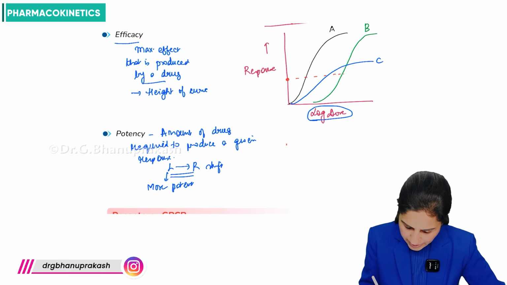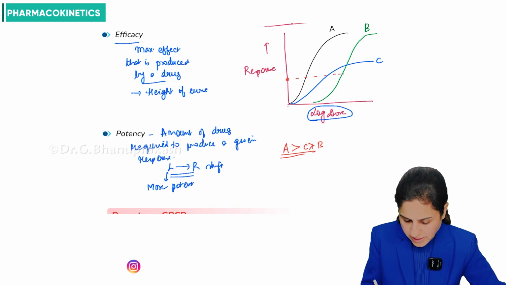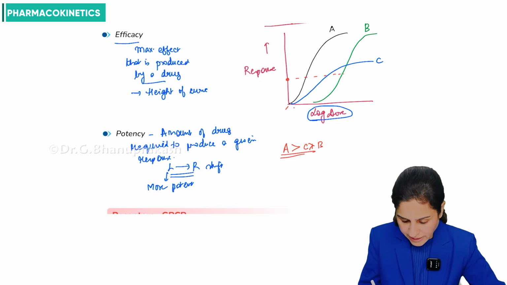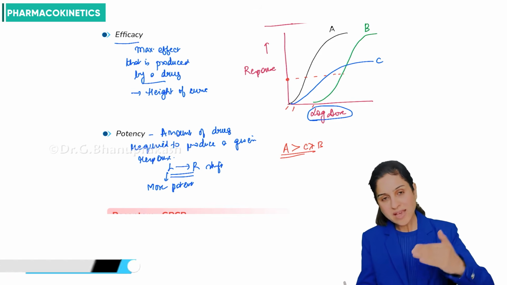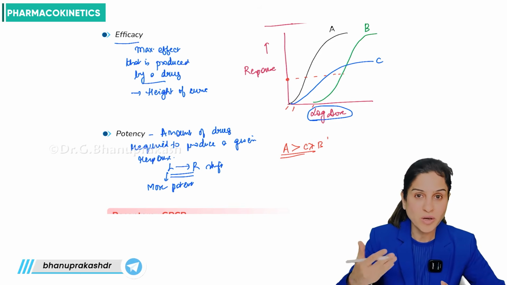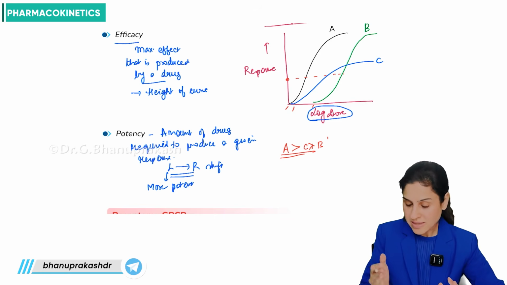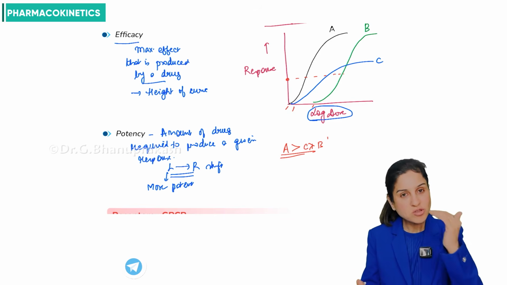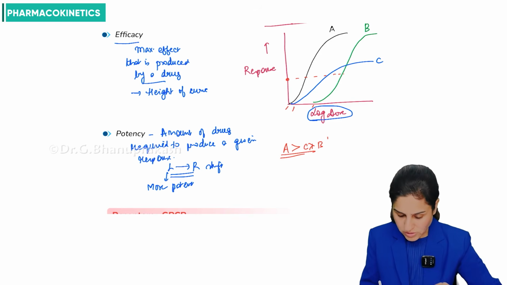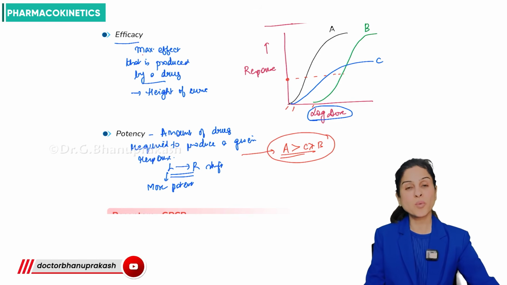So we can say A is more potent than C, and C is more potent than B. As you go towards the right, the dose required to produce that response keeps increasing, so you can say that the potency decreases. So as you move from left to right, the potency is going to decrease. A is more potent than C than B.